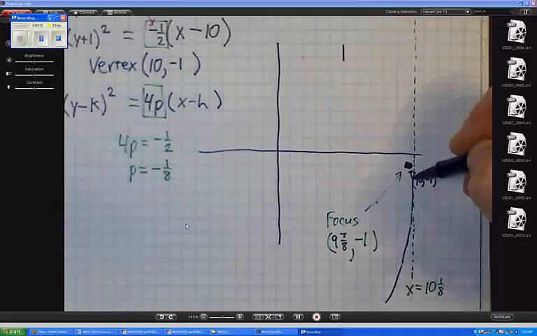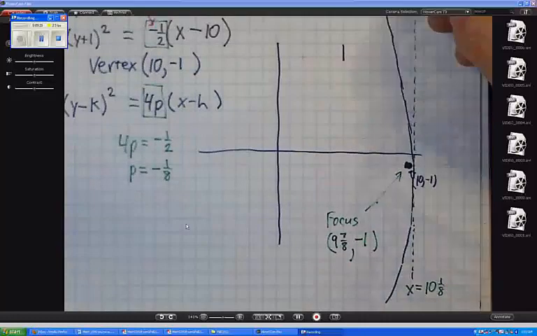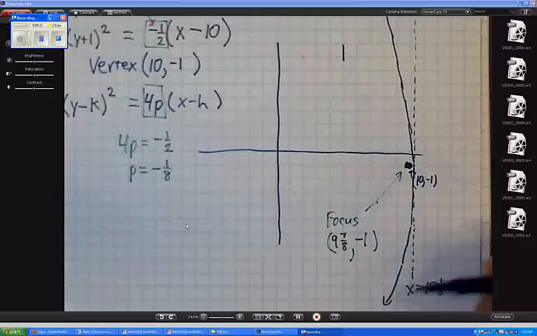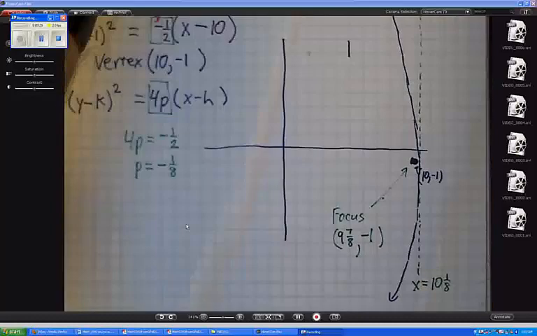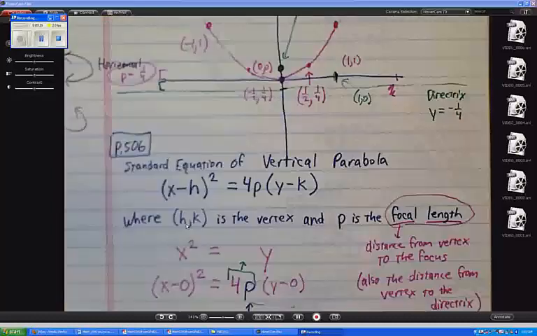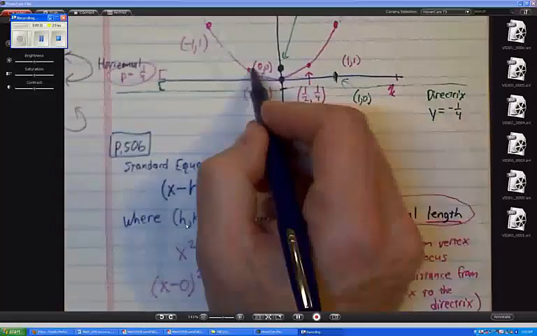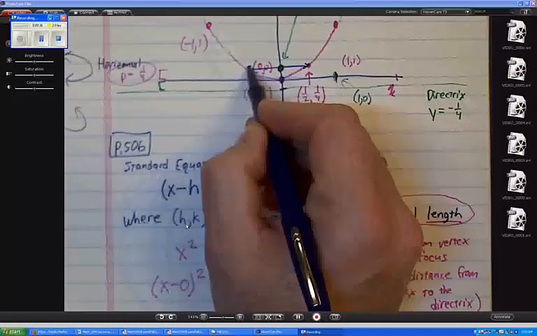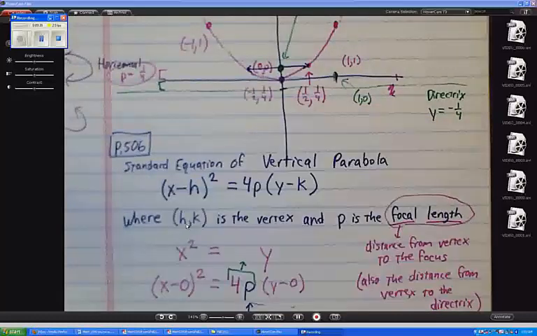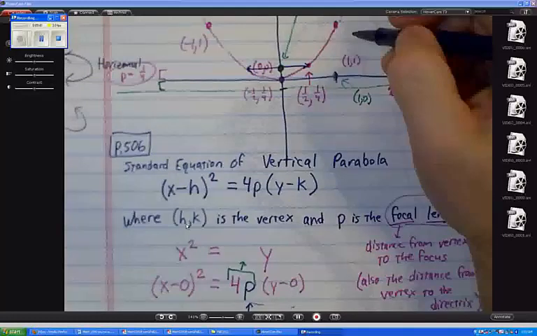This is going to be a wider parabola than the one before. Okay? But basically, the latus rectum, maybe I should show you that on the previous example. It's the distance through the focus to either point. So in this example, it was 1/2. And the length of the latus rectum is always 2 times p. You'll see that in the book.